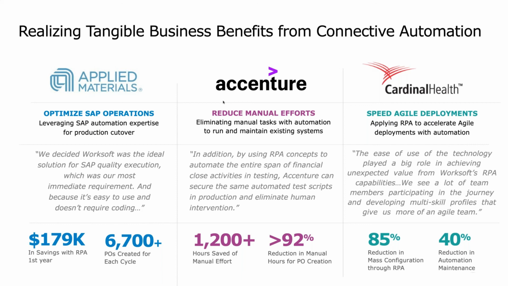So they have a single organization that is responsible both for test automation as well as for RPA. Of course, they may have multiple solutions, but a single organization is responsible, and therefore it drives maximum reuse, right? So this going from test automation to RPA and getting maximum benefits is a good example. Applied Materials is a good example of that, right?